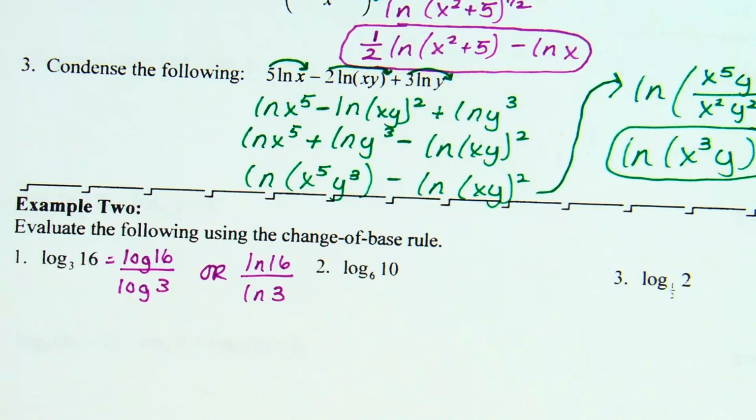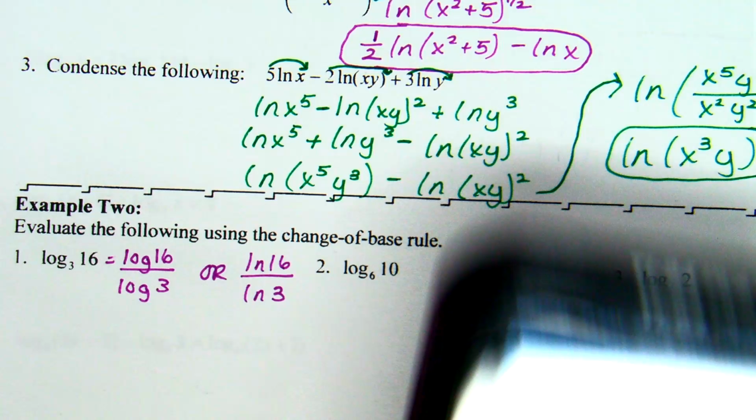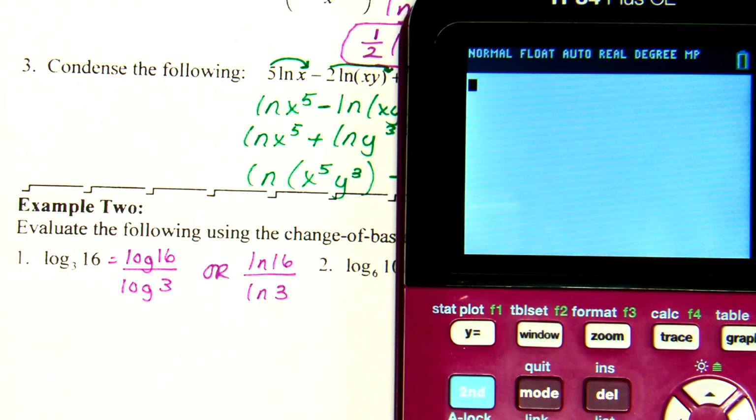Can you give me a more specific answer than just this fraction? Yeah, grab your calculators. Try one of them. Whether it be log 16 divided by log 3 or natural log 16 divided by natural log 3. Watch your parentheses. Make sure you end your parentheses in that top part of the fraction.